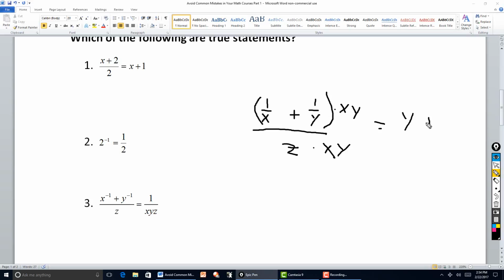That would give me an x. And in the bottom, I would have zxy. So that's what it should be. So this is not legal, this is false.